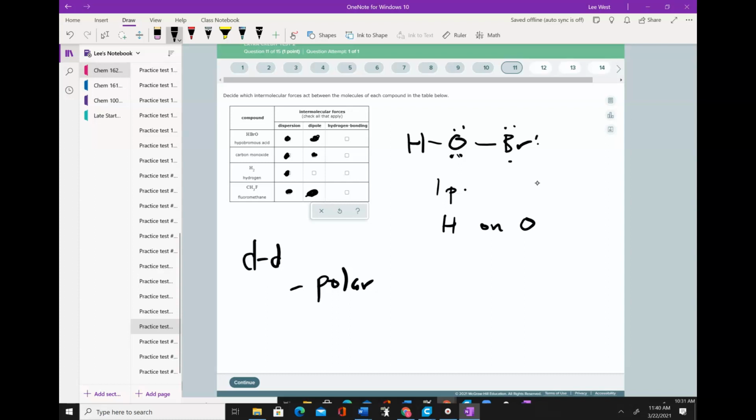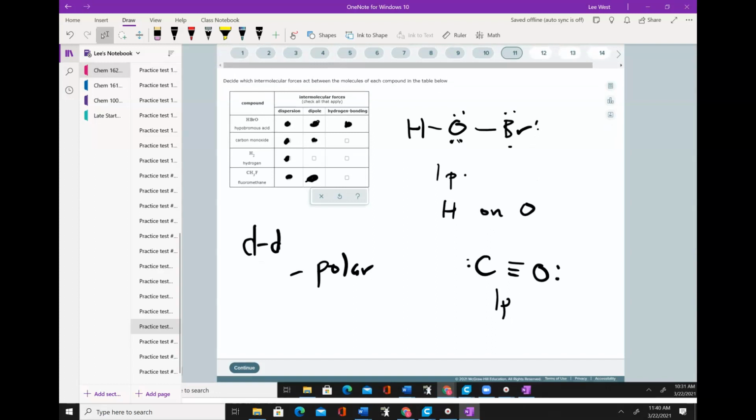So this one can hydrogen bond. Now, carbon monoxide has the lone pair, but it doesn't have the hydrogen, so it doesn't meet the requirement. Carbon monoxide could hydrogen bond through its lone pair to a different molecule, it just can't hydrogen bond to itself. And then H2 has no lone pairs, and hydrogen is not attached to oxygen, nitrogen, or fluorine, so that can't hydrogen bond.